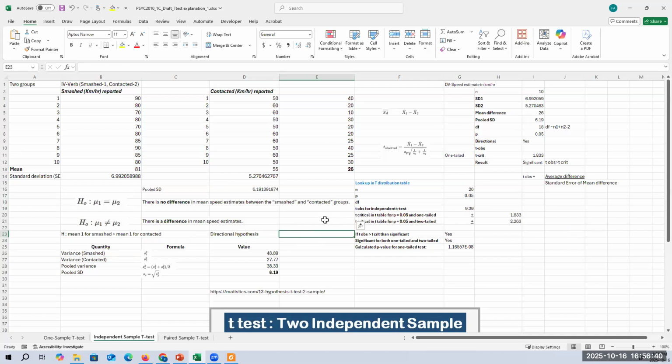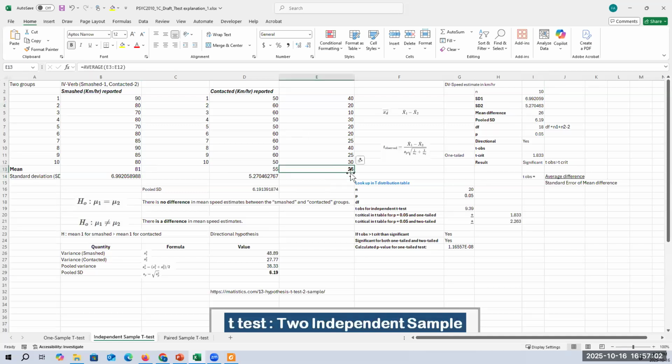Now, how do we do the analysis for an independent sample t-test? You have to get the means, obviously, and you have to get the standard deviations. In each group, we have 10 participants. You get the standard deviation for one group, and then for the other group.